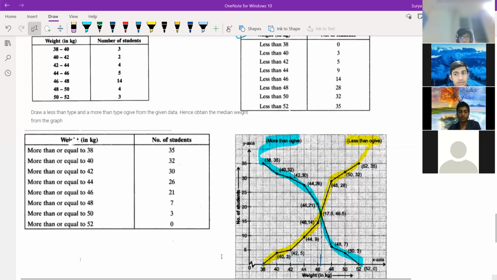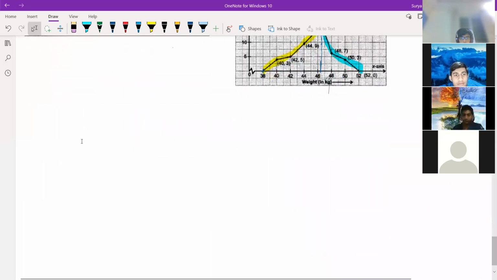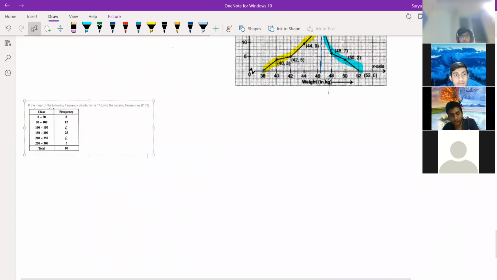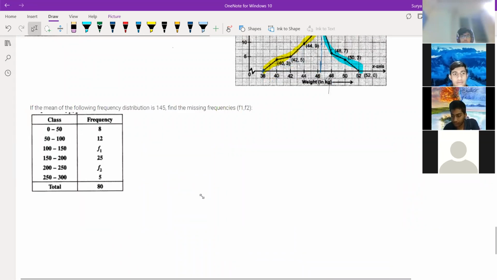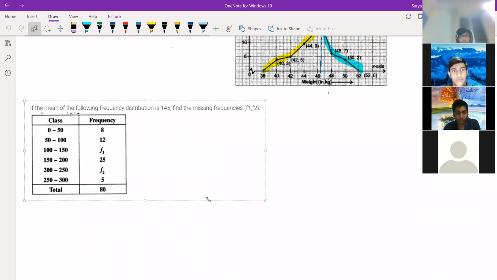Find F1 and F2 for the frequencies. Find F1 and F2 for the below question. Last time we have done the same type of question. Let's do this. All of you find this. Find the missing frequencies F1 and F2.